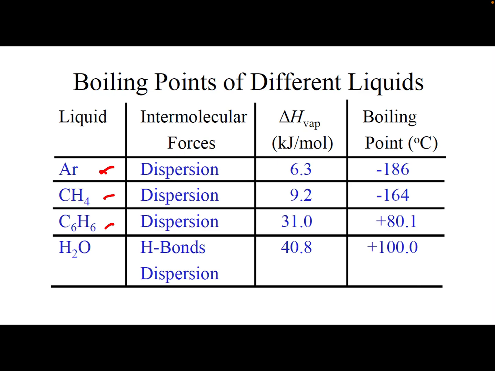It should make sense then that if intermolecular forces are all the same, it's going to take more energy to get more of the bigger molecule into the gas phase than it would be a smaller one. And so we can see that by comparing the first three heats of vaporization as well as boiling points.